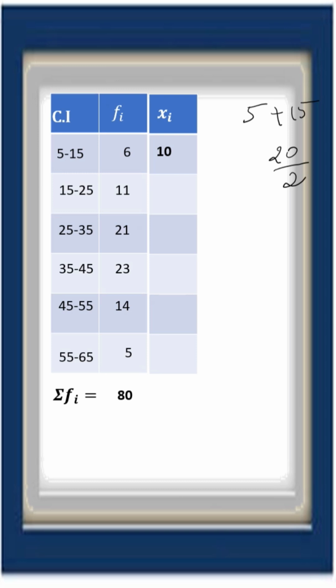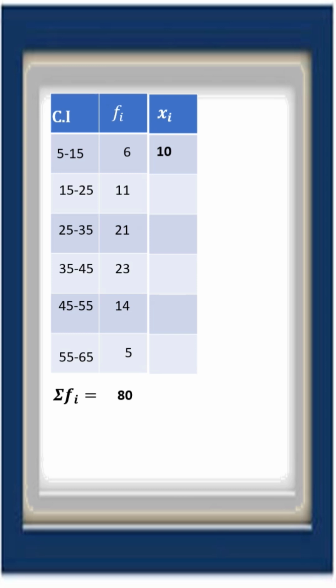Now you can find the next class mark by doing like this: 15 plus 25, that is 40. 40 by 2 is 20. Or you can go on adding class size, that is 10, to each class mark to get the next one.